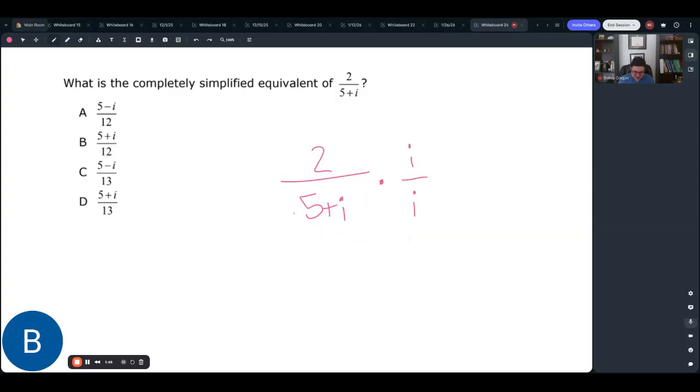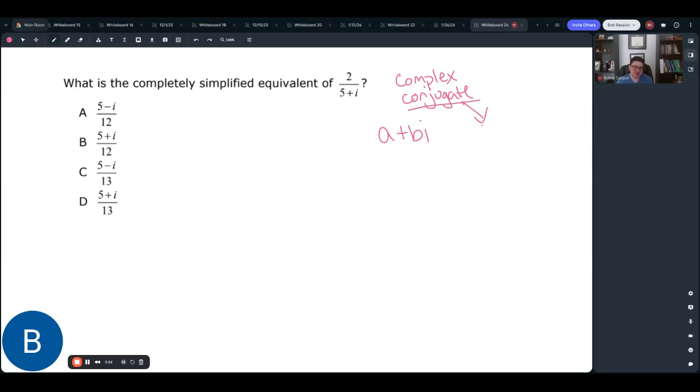So instead, if you want to cancel out an i in the denominator, you're going to have to use something called the complex conjugate. Basically, what the complex conjugate says is if you have something, let's say a plus bi, the complex conjugate to that is going to be a minus bi.